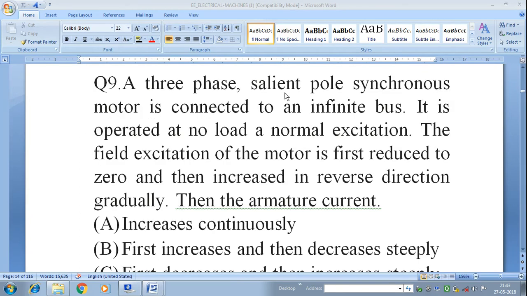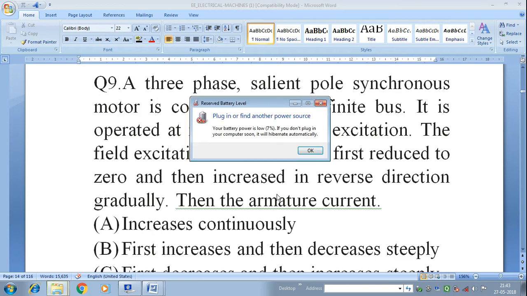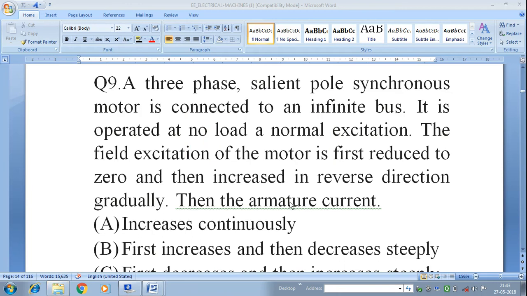A three-phase salient pole synchronous motor is connected to an infinite bus. It is operated at no load and a normal excitation. The field excitation of the motor is first reduced to zero, then increased in the reverse direction gradually.